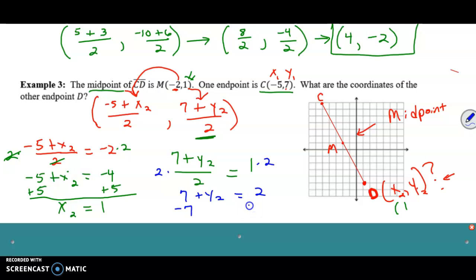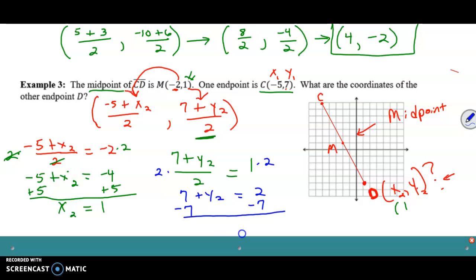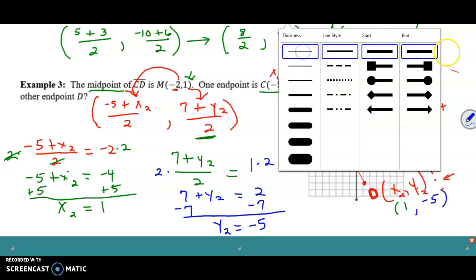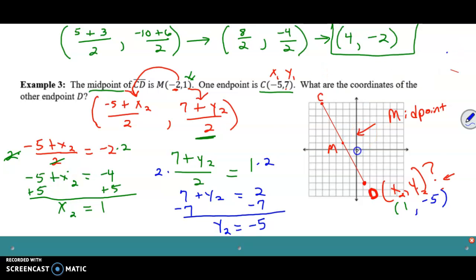Subtract 7 from both sides, and you get that y2 must equal -5. So this coordinate over here is the ordered pair 1, -5. Now, let's see if that makes sense. If I look at this, 1, 1, 2, 3, 4, 5, yeah, I did a good job eyeballing that.